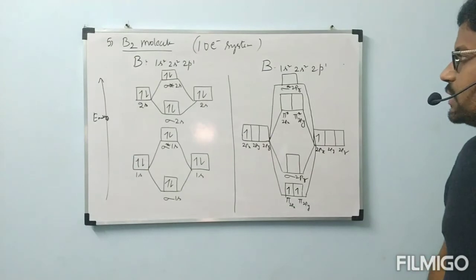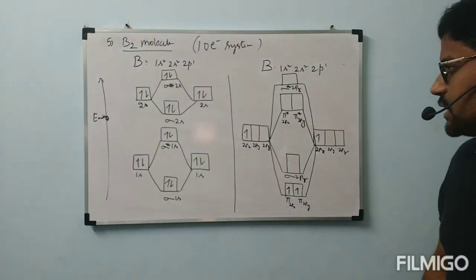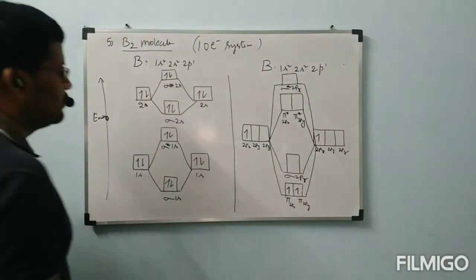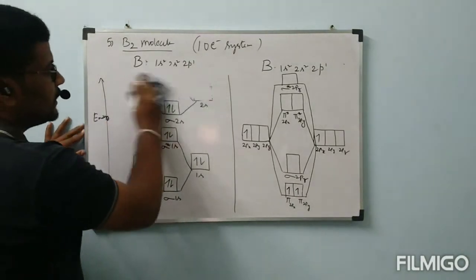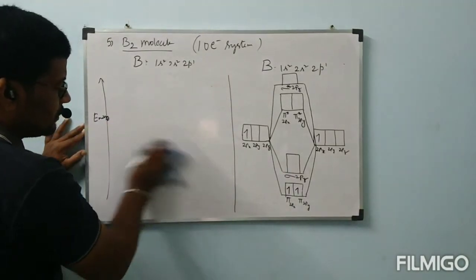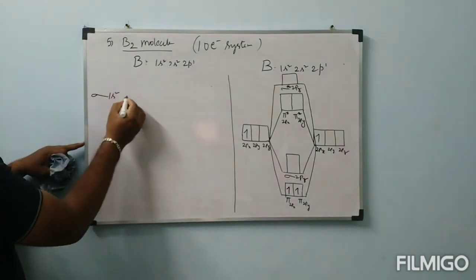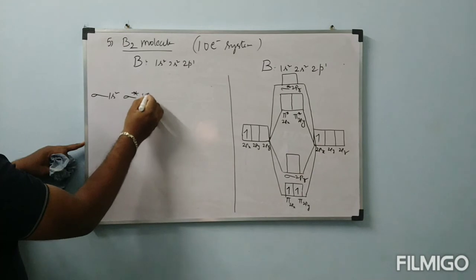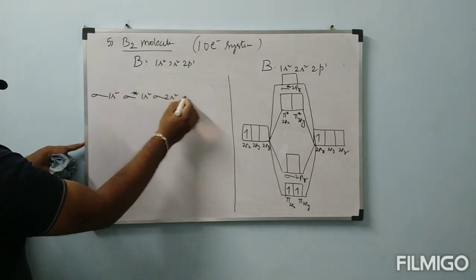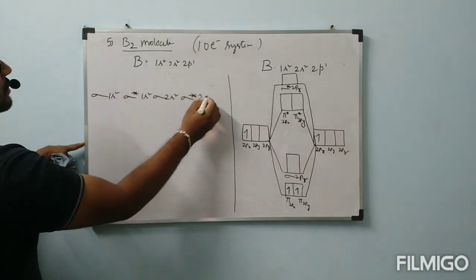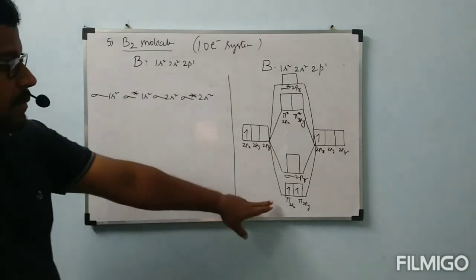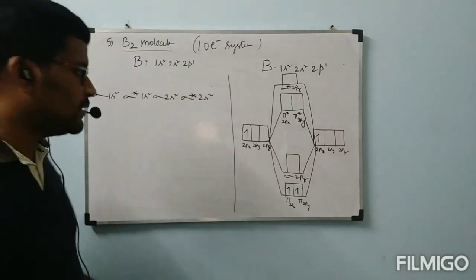Now, the electronic configuration. What is the electronic configuration of the B2 molecule? I am going to write this one. Sigma 1s2, sigma star 1s2, sigma 2s2, sigma star 2s2, next pi 2px1, pi 2py1.